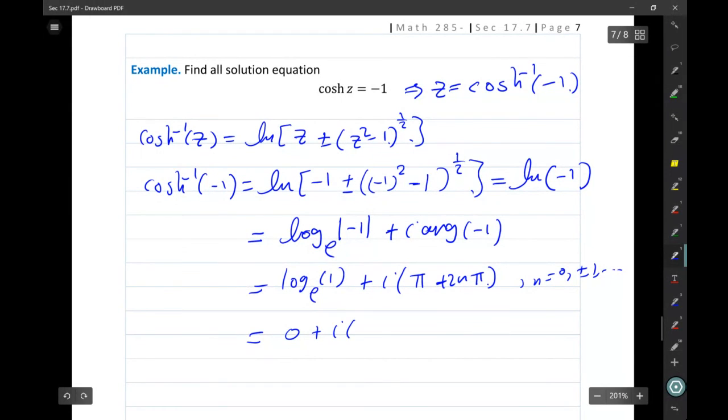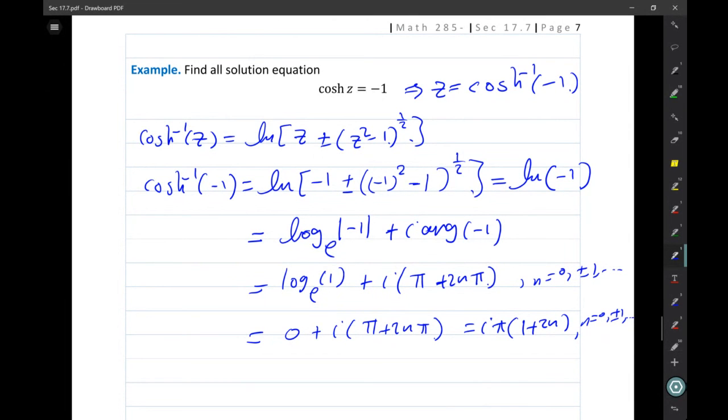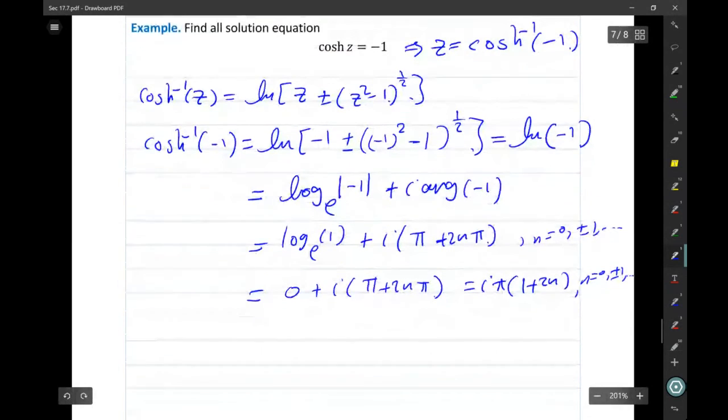So that's i times pi plus 2n pi, which is i pi times 1 plus 2n, where n is equal to 0, minus or plus 1, and so on. Is this example clear? It's just a straightforward application.